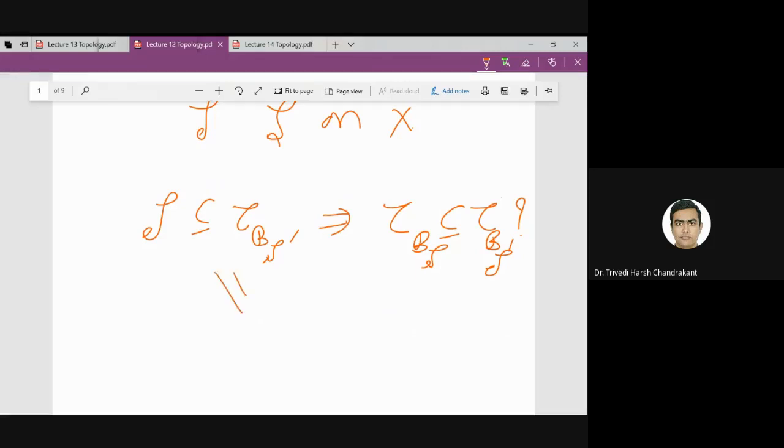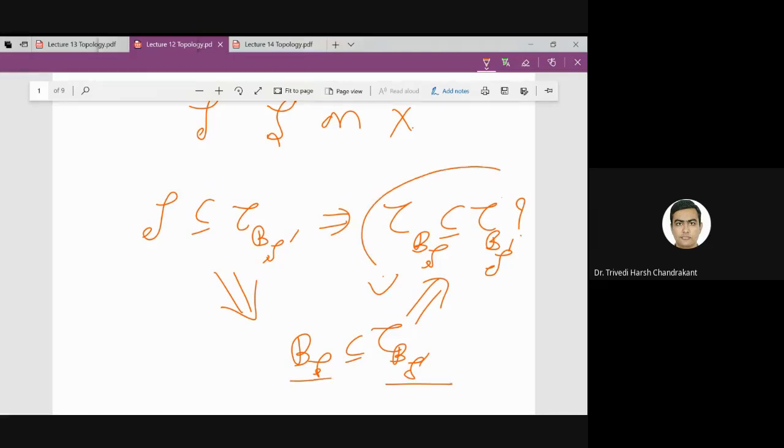So this is also true. First we can show B of S is contained in tau of S dash. Then we know that if a basis is contained in another topology, then this holds from that result.